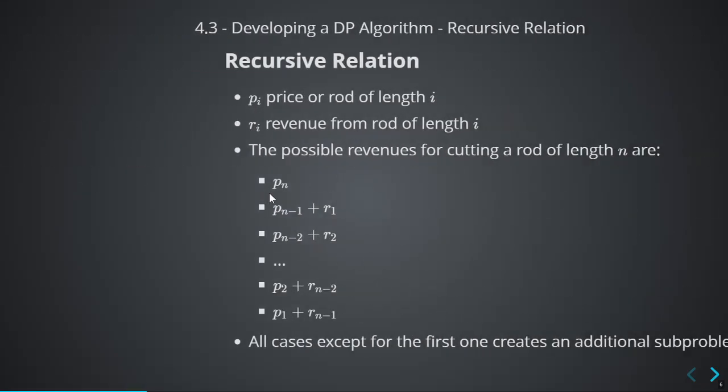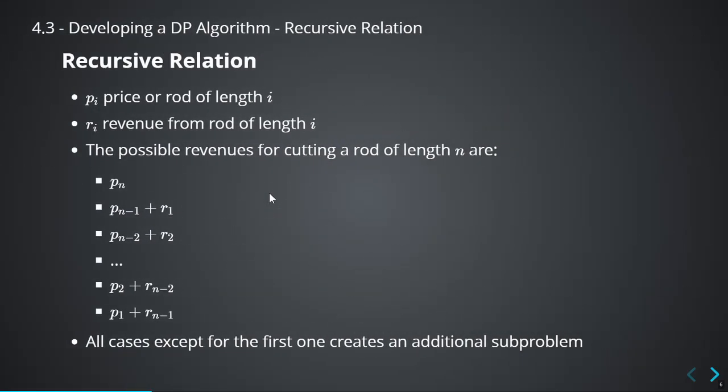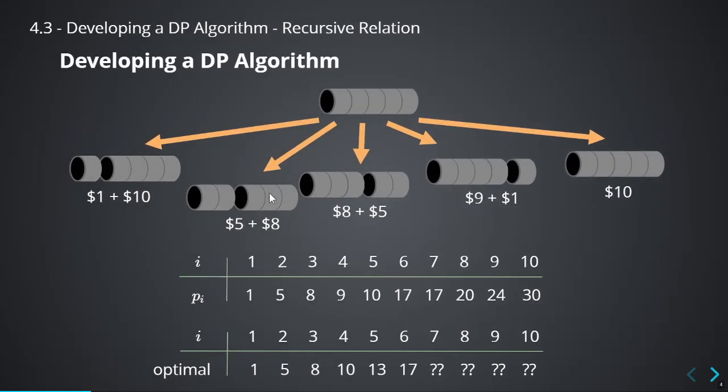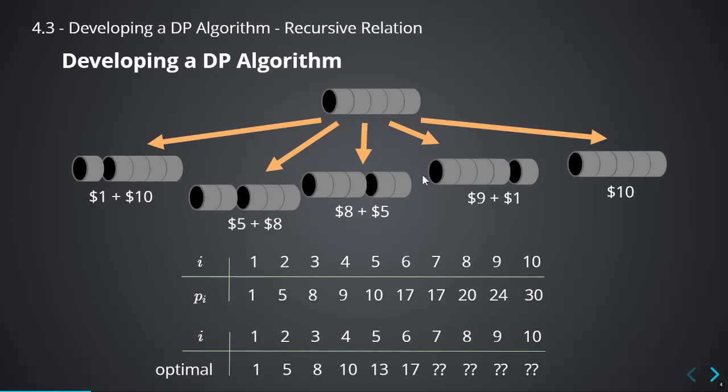Okay. So what are we doing? If you have a rod of length n, what's Rn? So these are the things that you have to evaluate. This is the first level of all the subproblems here, right?